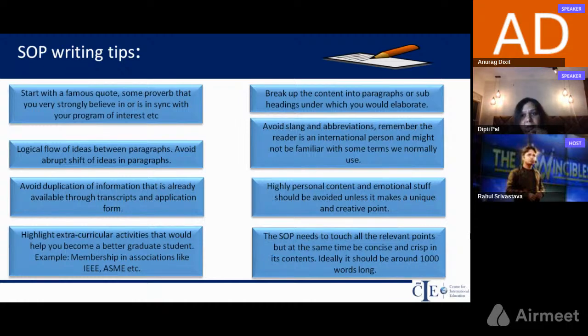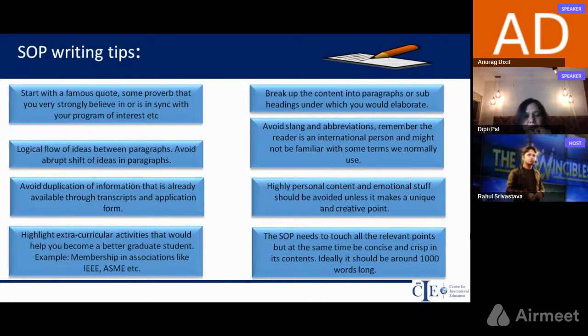I've been getting questions that my SOP is 1,200 words, 1,500 words, but we have seen every university has different criteria. So we advise the SOP should not be more than 1,000 words, or maybe a two-page document. Some universities do have a word limit, and they specify it very strictly and follow that.